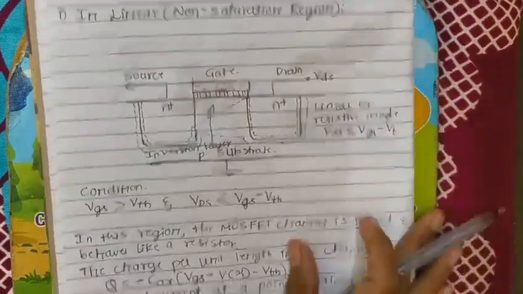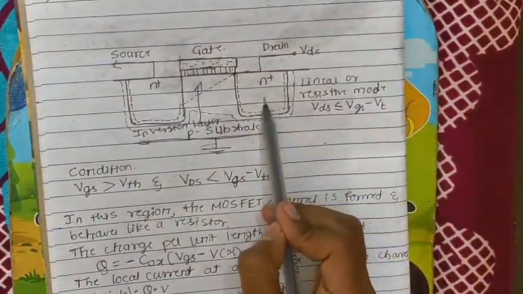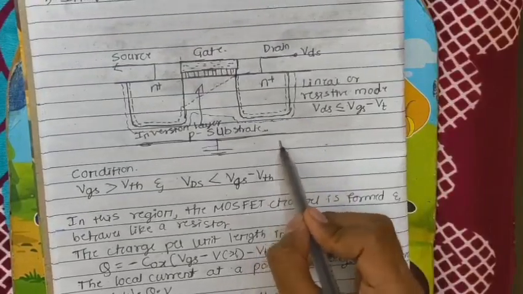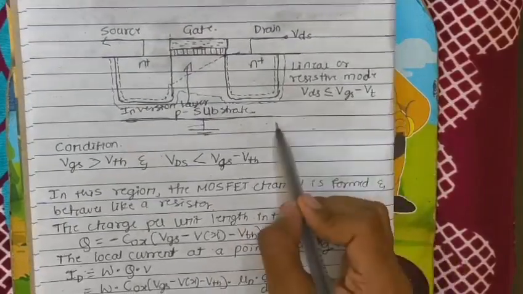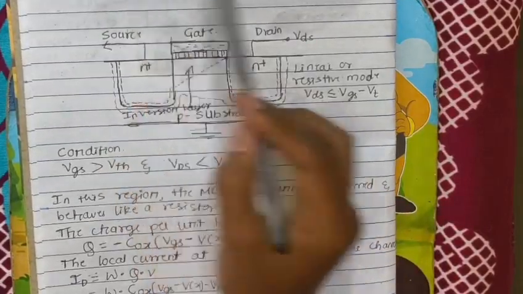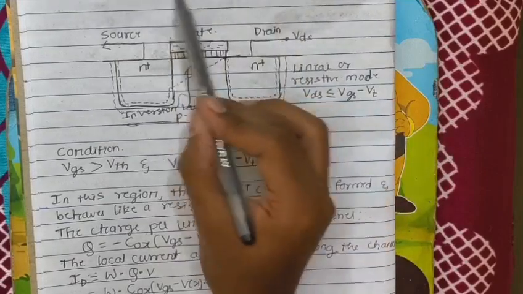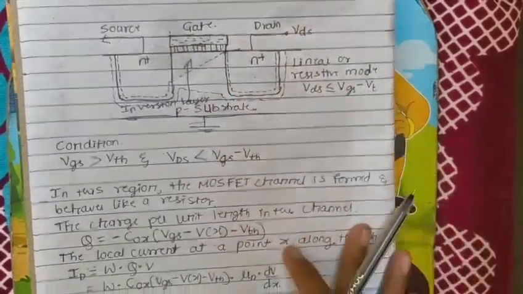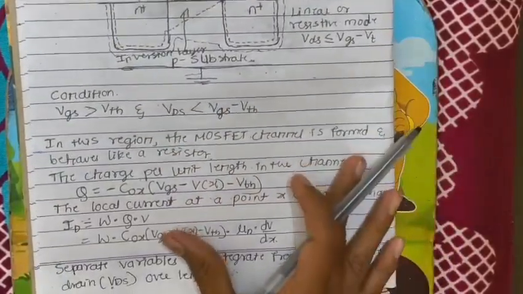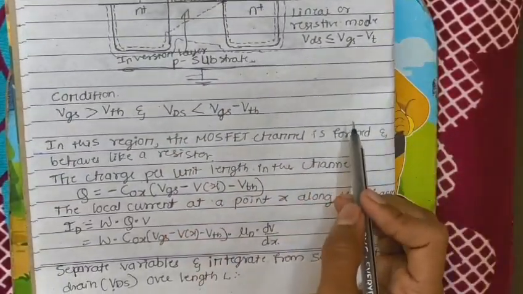Okay, this is the NMOS enhancement mode MOSFET. In linear region, that is non-saturation region, this is the diagram of non-saturation region.